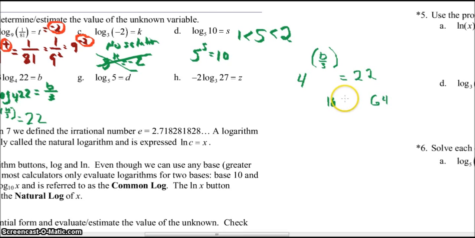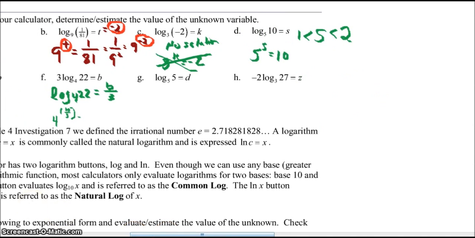So that tells me that 22 is somewhere in the middle of 16 and 64, so b over 3 is in between.